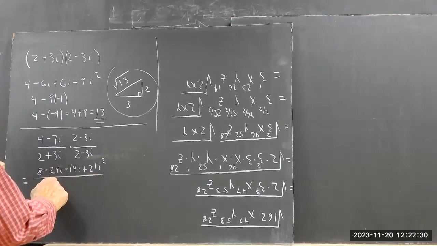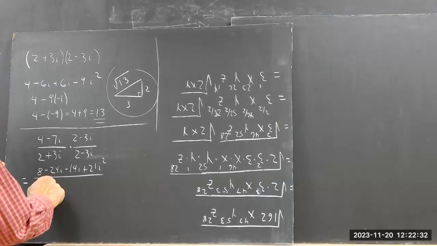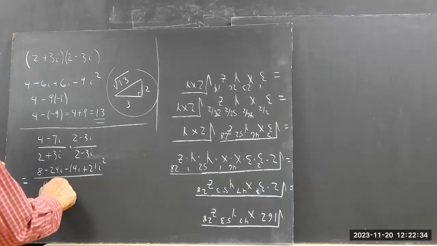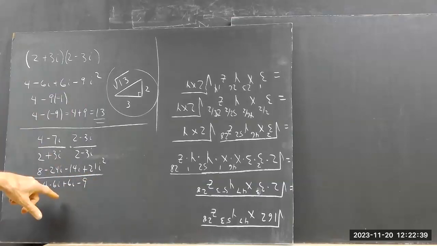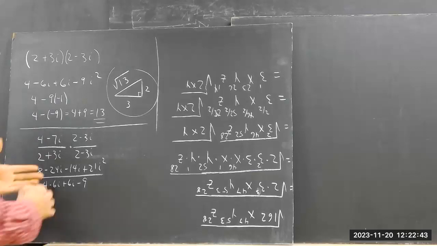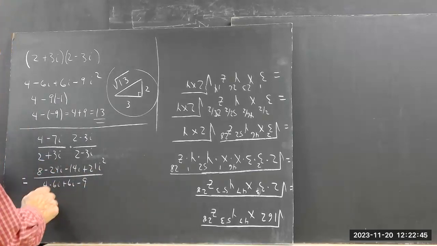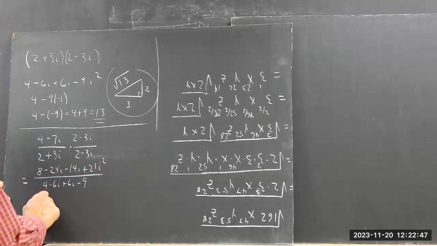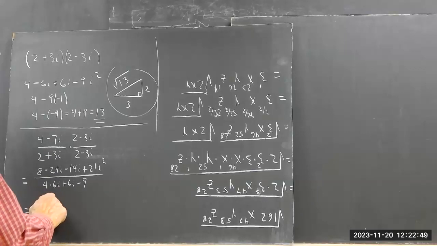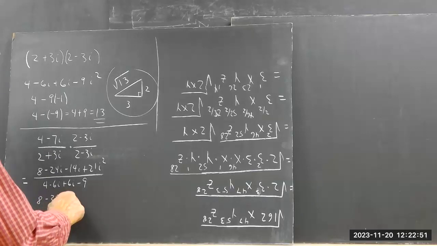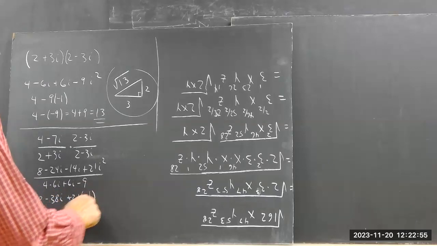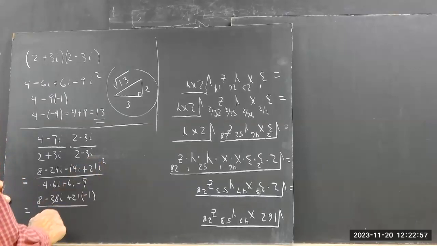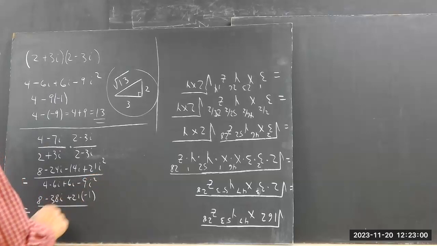And same thing that we got here in the denominator. If we put the numerator together, we end up with 8 minus 38i plus 21 times negative 1 of the i squared. And this should be 9i squared here.